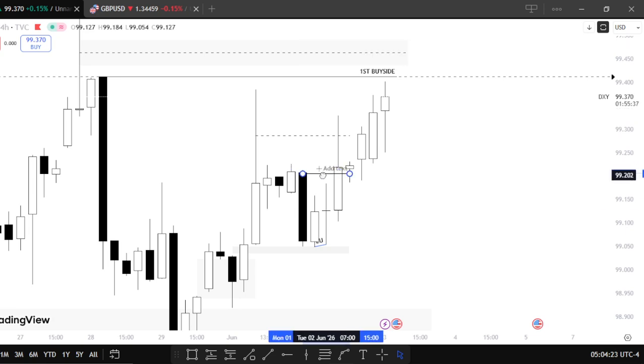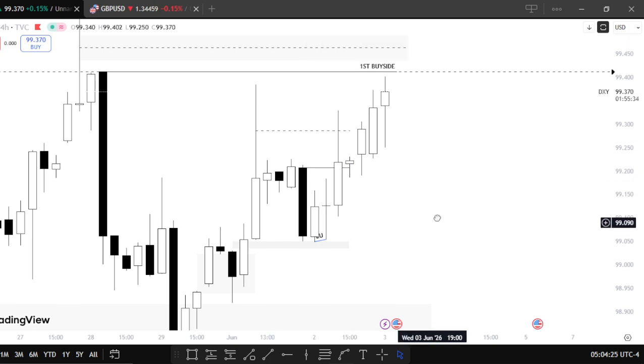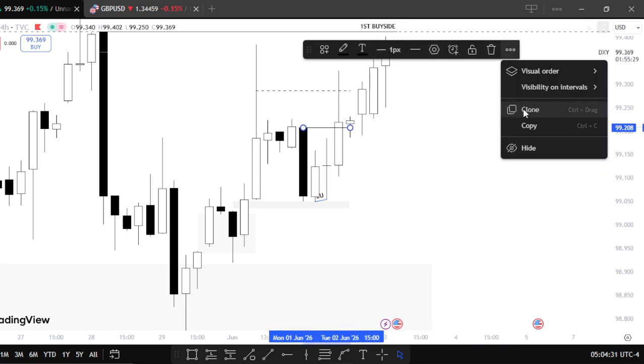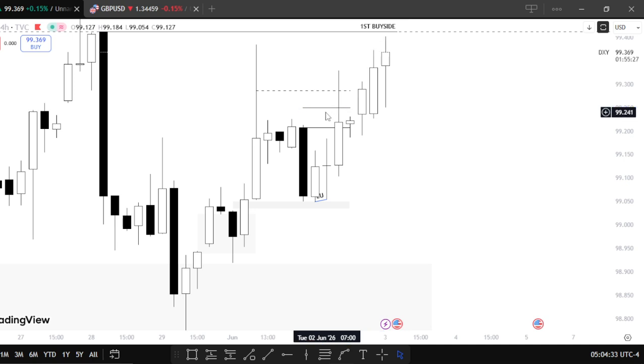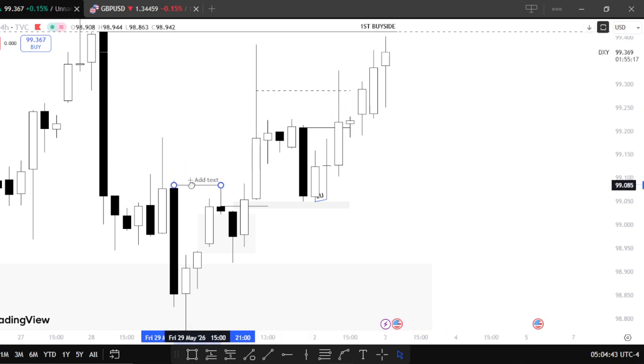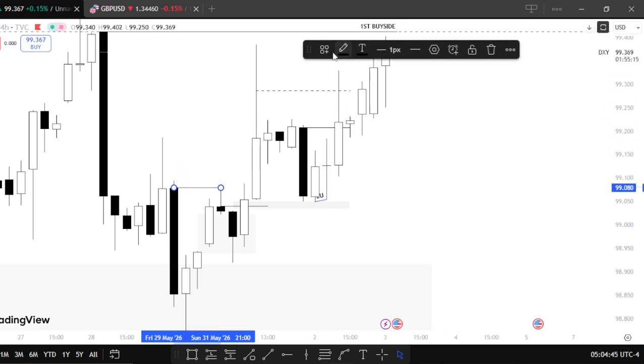So this here, so these are the annotations.